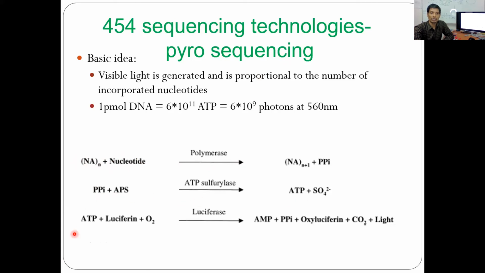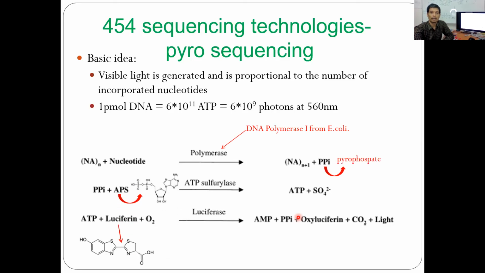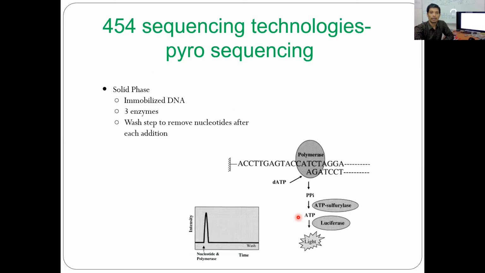This ATP is further utilized for luciferin conversion to oxyluciferin, where the light will be released. So this light will be detected. Yeah. So the light intensity will be detected.